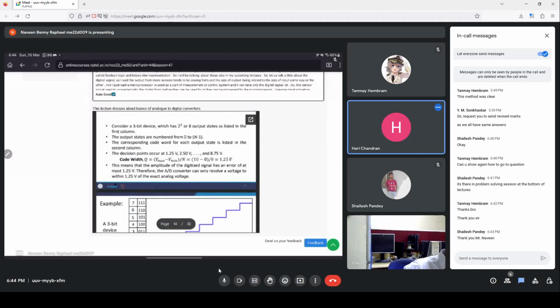Here the output states are already mentioned as 0 to n minus 1. Because 0 is one of the inputs, the other 7 inputs we need to take as some positive or negative reading, so that 8 bit it will calculate here. Is it correct?